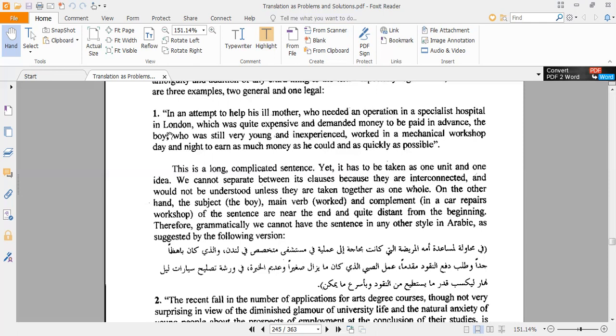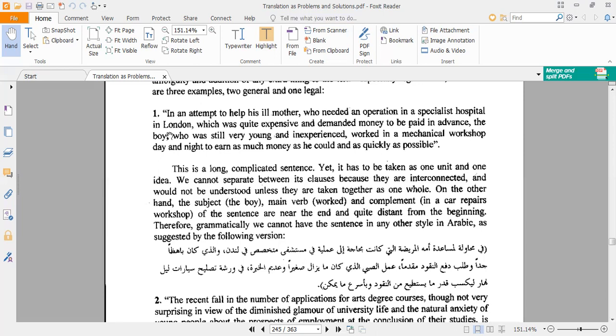Okay, so it is better to render this sentence as a long sentence into Arabic, because we need to reflect or to maintain the same stylistic value, which is all of these ideas or all of these phrases are related to one central idea, and these phrases are strongly related to a specific central idea.